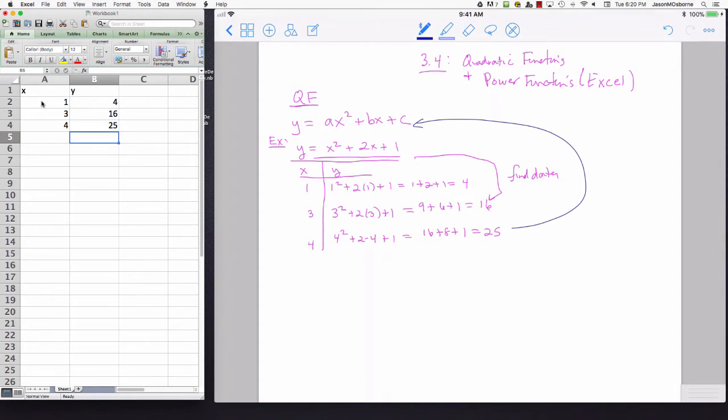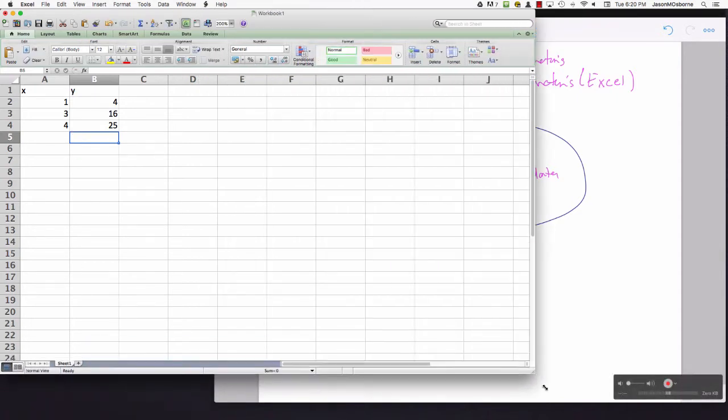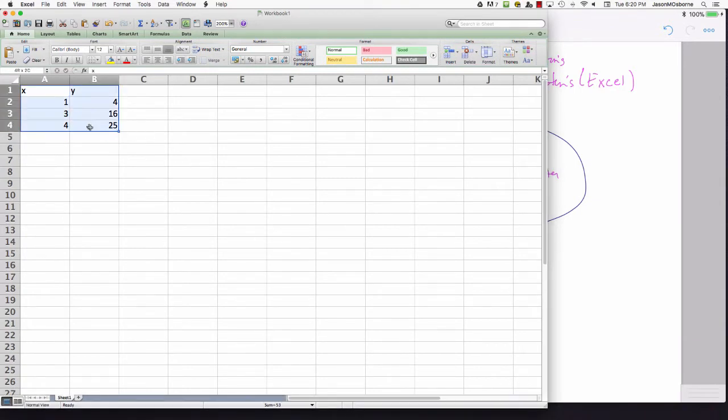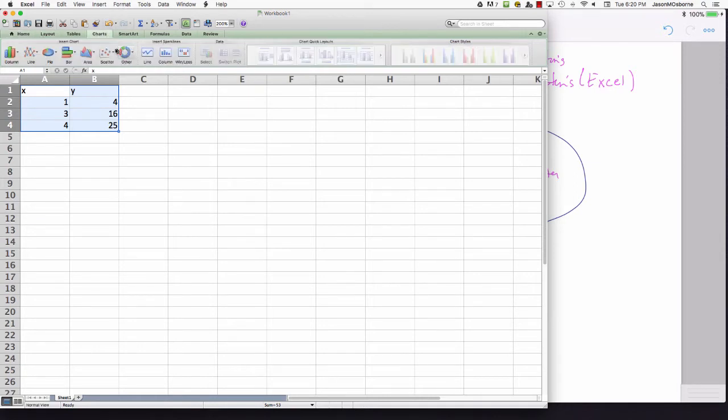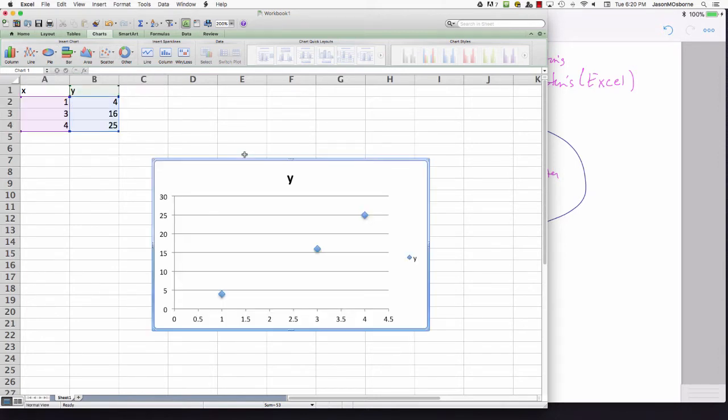Well, the Excel solution would be to highlight the data, insert a chart as a scatter plot, and there are your data points.